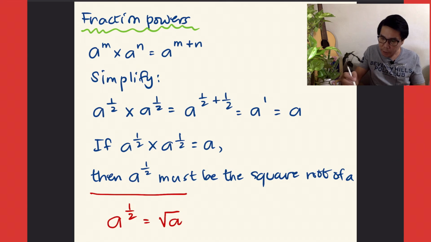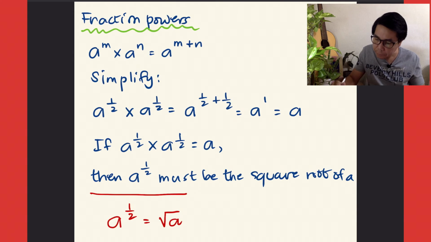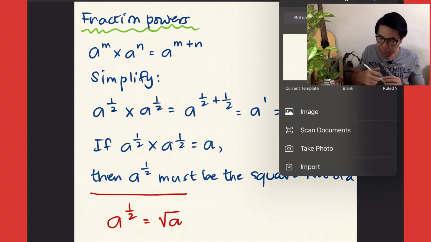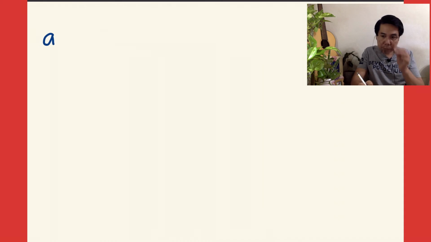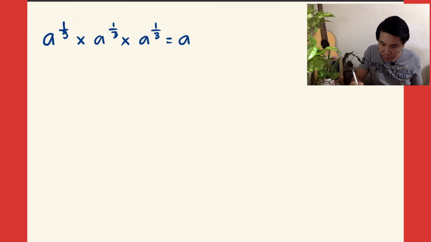Okay, the same way, if we have a raised to the power of 1/3 times a raised to the power of 1/3 times a raised to the power of 1/3 equals a raised to the power of 1, which is equal to a.